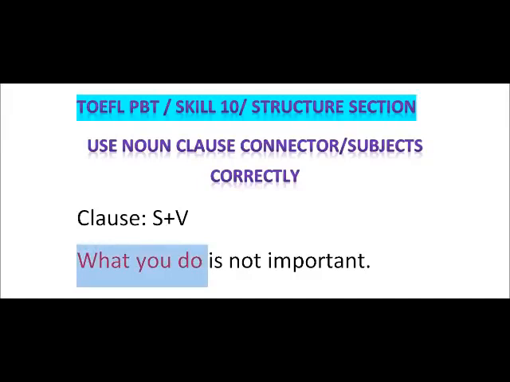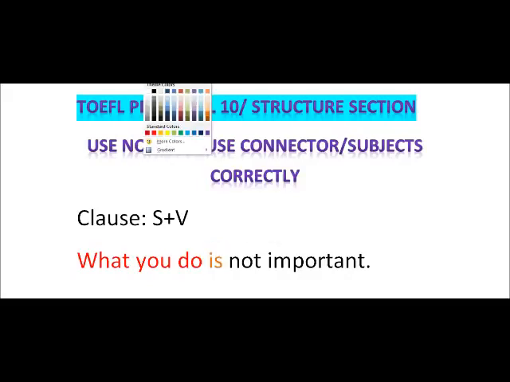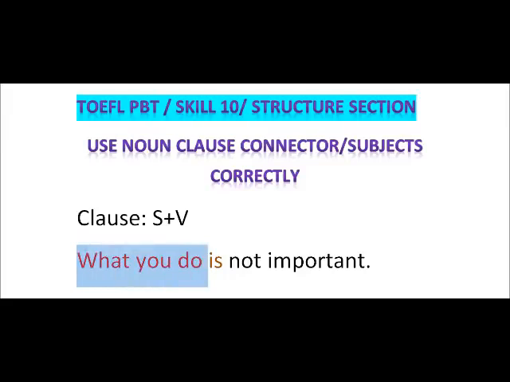The main verb will be is. So what you do is not important. What you do is the subject, and is is the verb. Now forget about the whole sentence and focus on the noun clause itself.